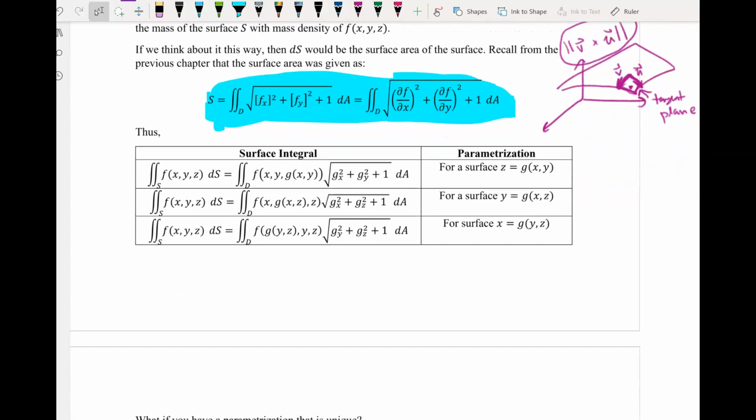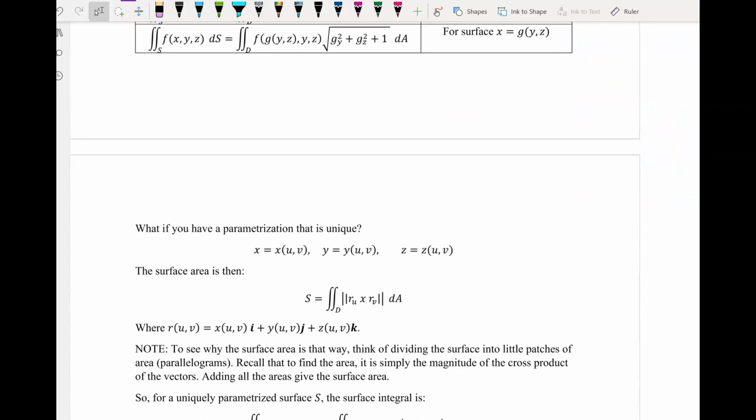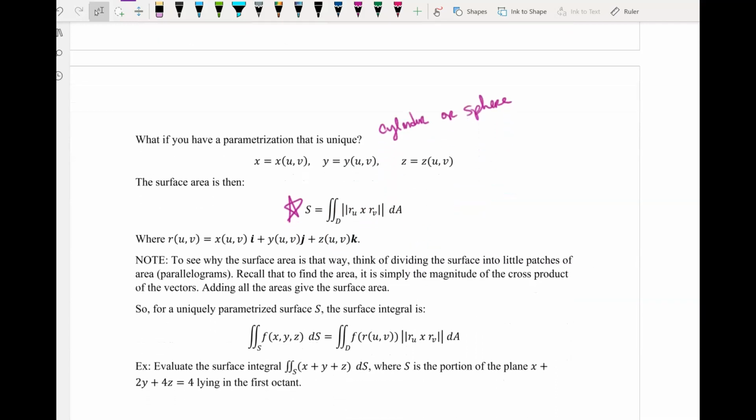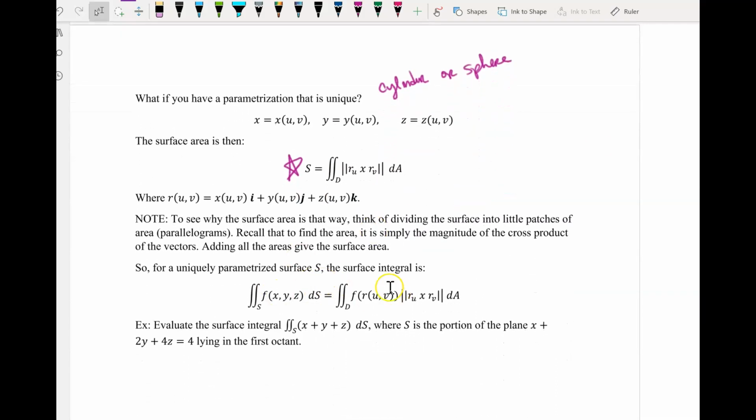So if the parametrization is unique, like a cylinder or sphere or anything like that, then our surface area is going to be this. We're going to go back to just the magnitude of the cross product of the parametrization of the two curves. In doing so, our surface integral is going to look like this.